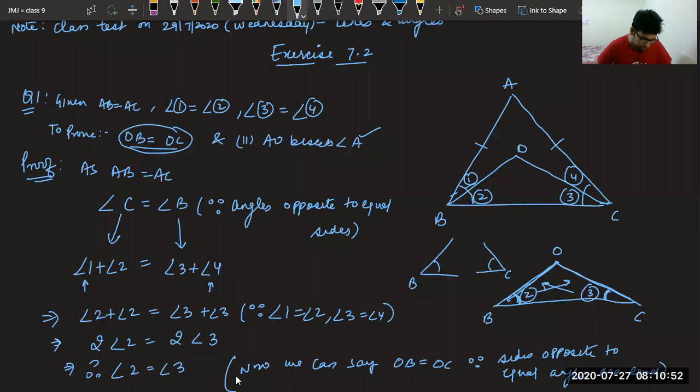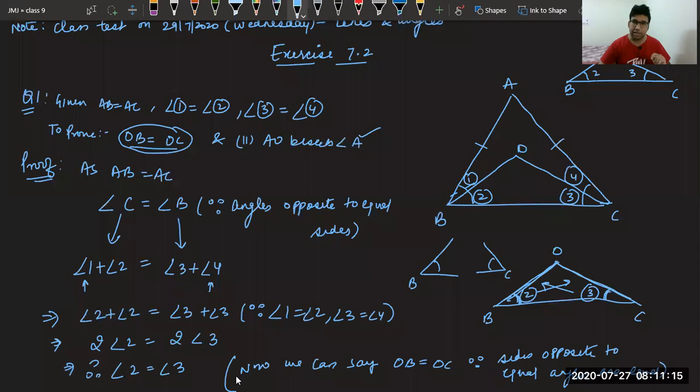Sir, issue in the reason. Vaishnav is saying, okay. Sir, how OB opposite to the angles? Mishti is asking. Okay. Mishti, you can see in the smaller triangle OBC, angle 2 and angle 3 are there.